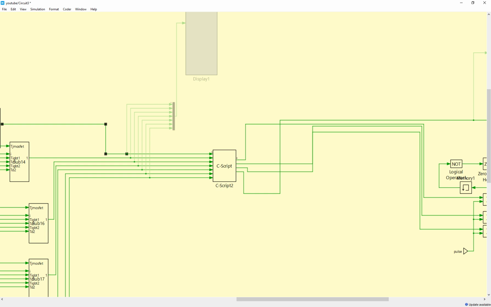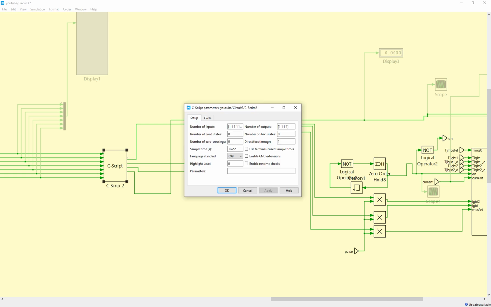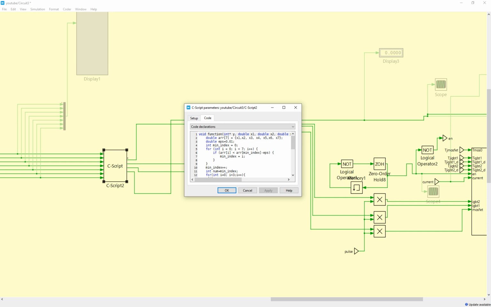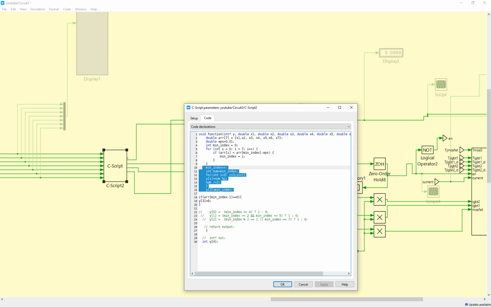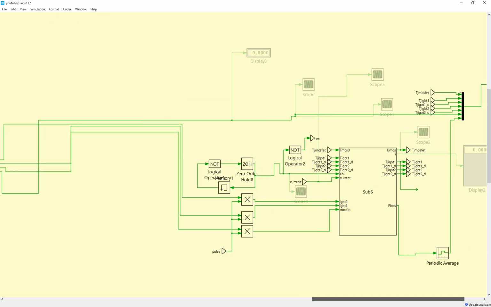It has to find out which one is the minimum cost function, give you the minimum cost value, and then calculate the corresponding gate drive signals, those numbers like 001 or 111 and so on. Inside you simply specify the number of outputs and inputs, and the code calculates which one is the minimum and also the corresponding gate signals, those binary numbers.